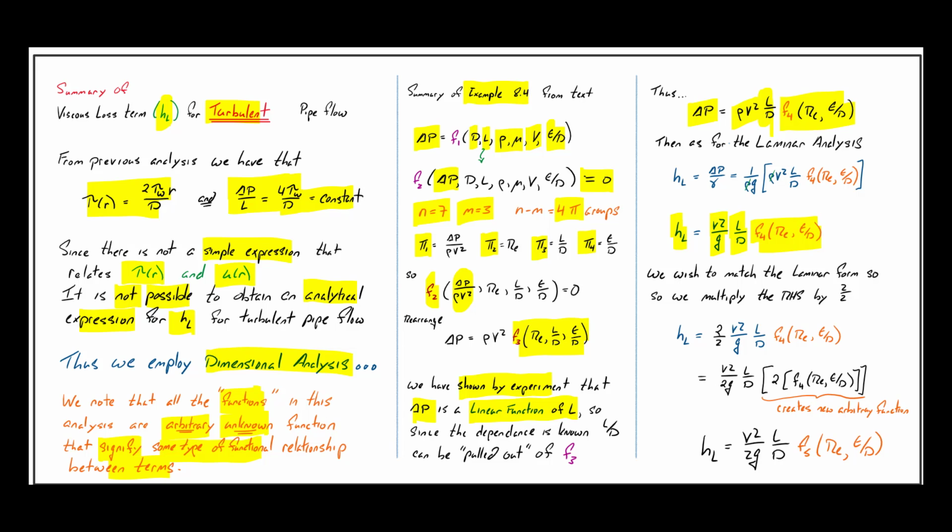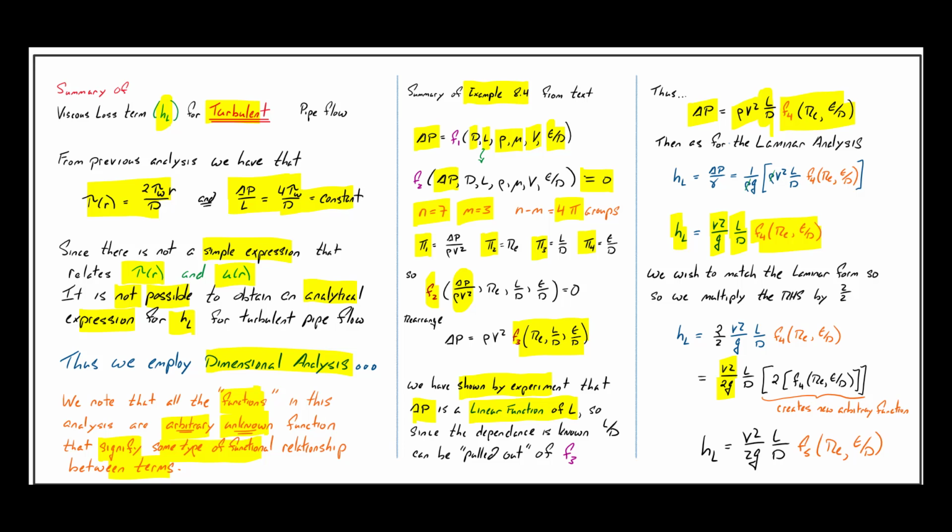So now we want to match the laminar form, so we need V squared over 2G. So we multiply through by 2 over 2, right? That's multiplying by 1, and that gives me my V squared over 2G, but now we're multiplying this arbitrary function by 2, and that creates a new arbitrary function.